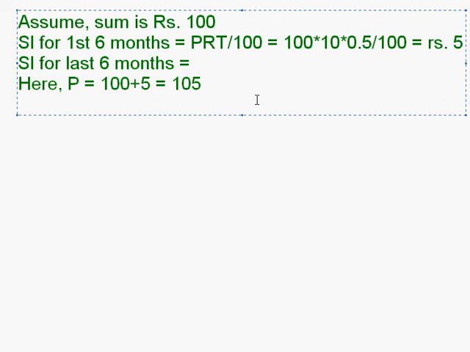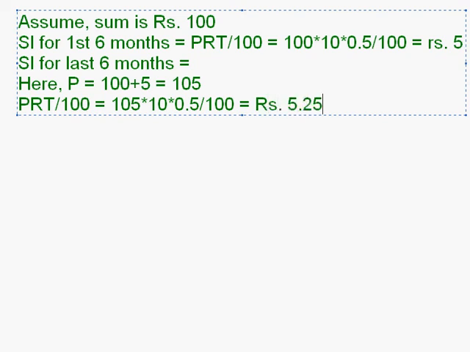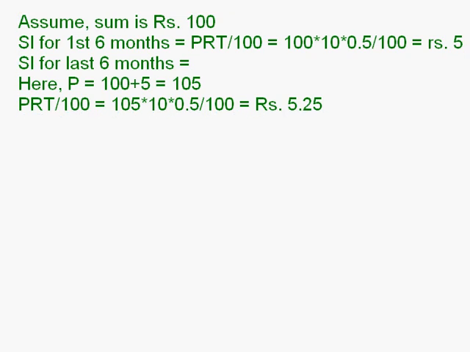So now if we find out PRT upon 100, it would be 105 times 10 times again 0.5, because the time period is again 6 months, so it's half a year. So we get rupees 5.25. So this is the simple interest for the last 6 months.